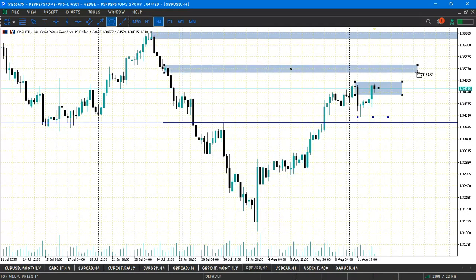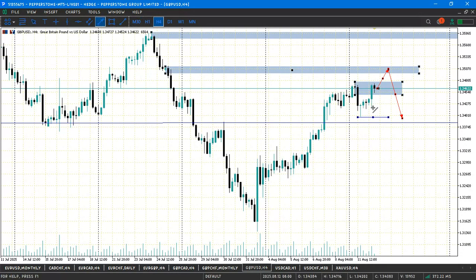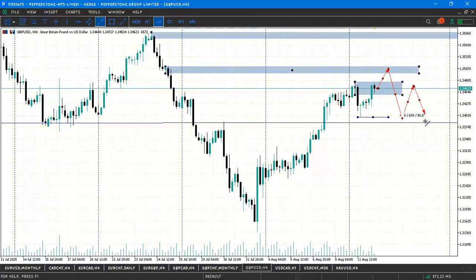From these two zones, I will be expecting that the market will form a change of character in the 4 hours after taking out all this liquidity. Then after changing that character, it comes to retest the area, and from there I can sell.